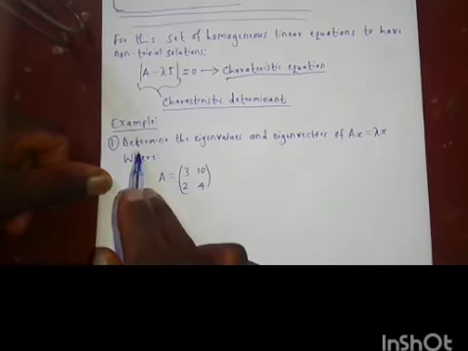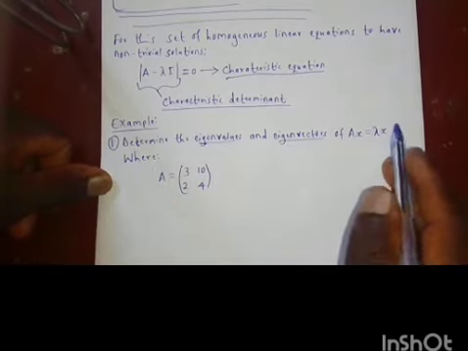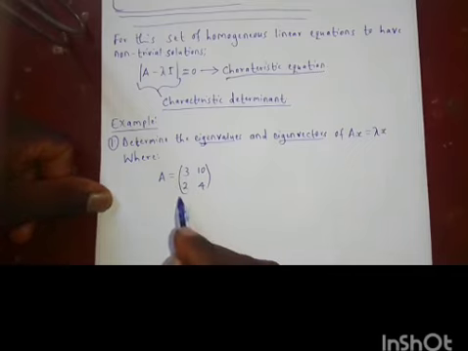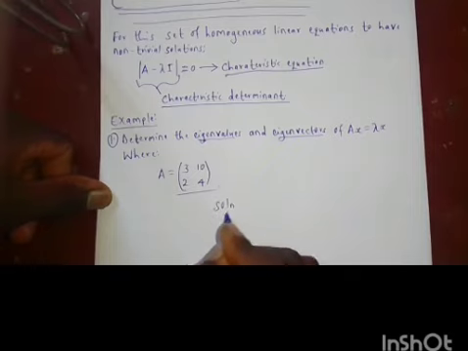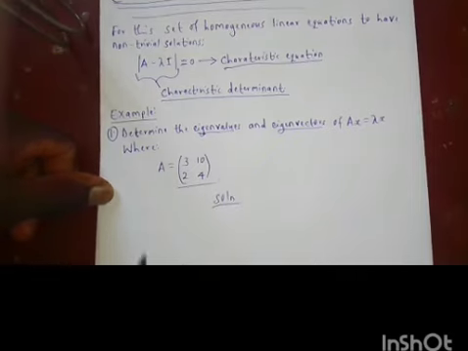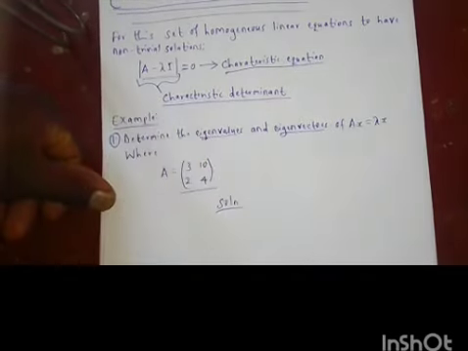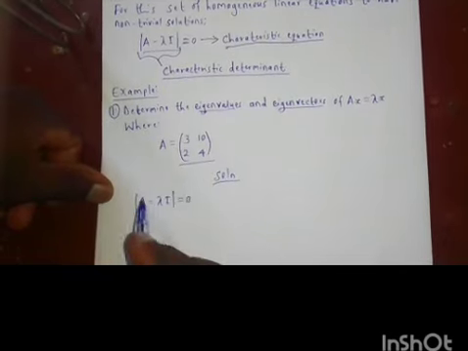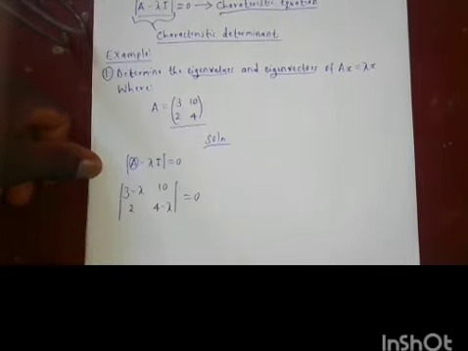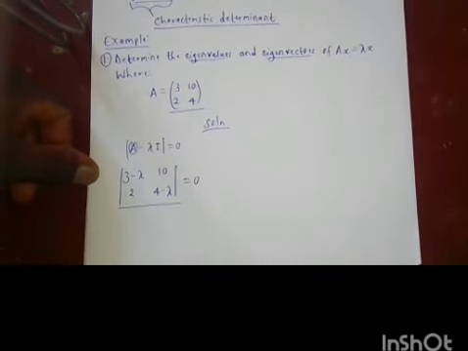So we want to determine the eigenvalues and eigenvectors of Ax equals lambda x, where A is a 2 by 2 matrix of this form. First we write our characteristic equation, and here it is. So substituting A in this form, we have this form. So solving, we obtain the expression.